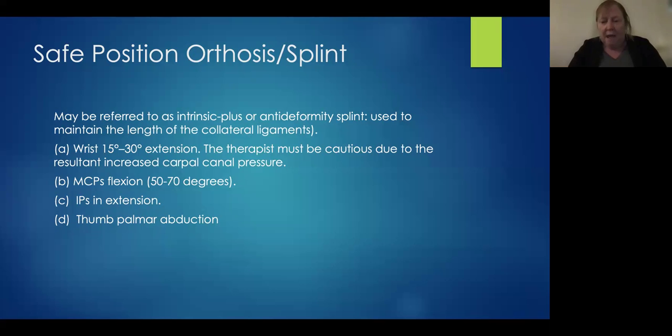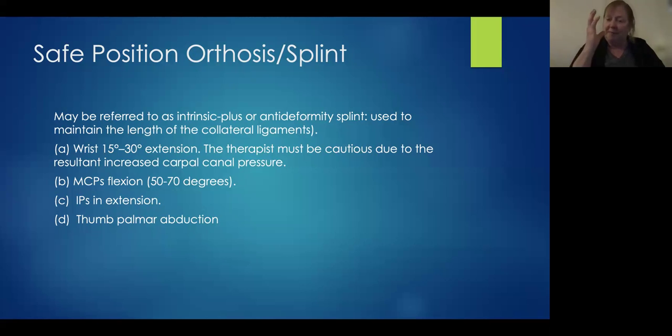Now, other reasons why I might use a safe position is often the doctor will order it if somebody has some kind of an infection. Like I used to get people with dog bite and cat bite wounds, and while their hand was so swollen, the doctor wanted their hand positioned so that we could preserve the length of the collateral ligaments so that once they can come out and start moving, they'd be able to move normally.